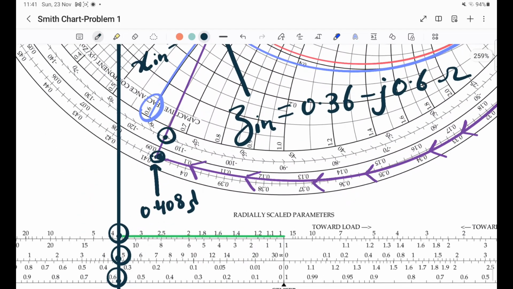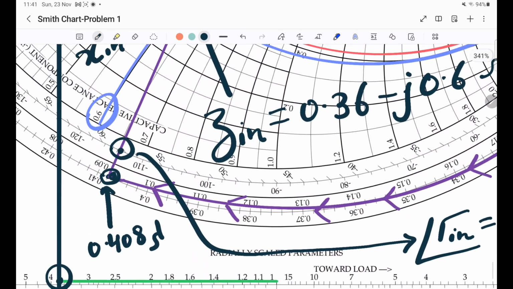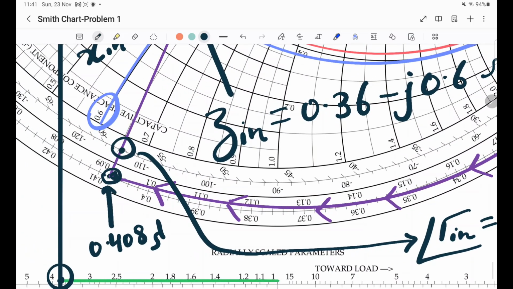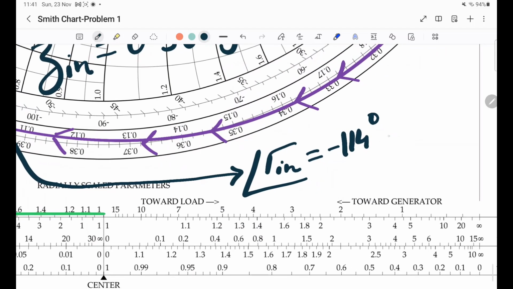So for that it will be this particular value. That angle is the angle of the reflection coefficient seen at the input end, and its value is approximately minus 114 degrees, which can also be written in positive values as 246 degrees.